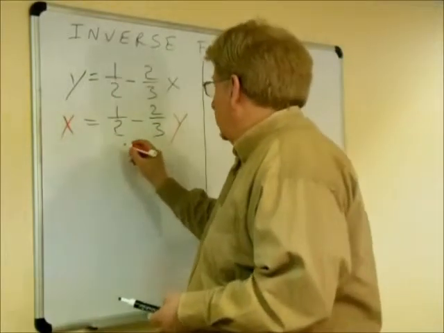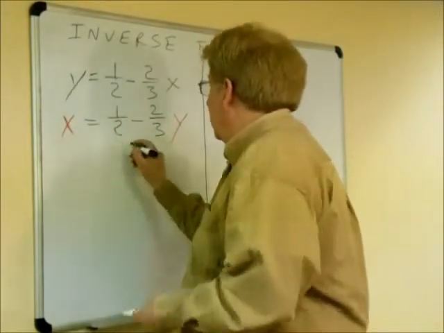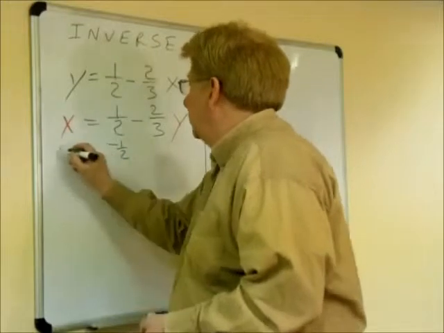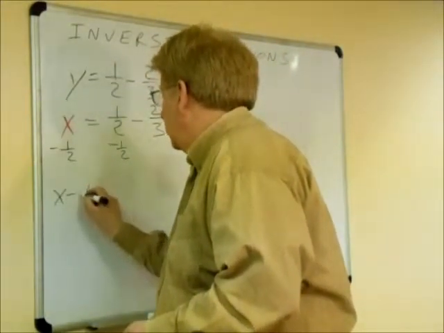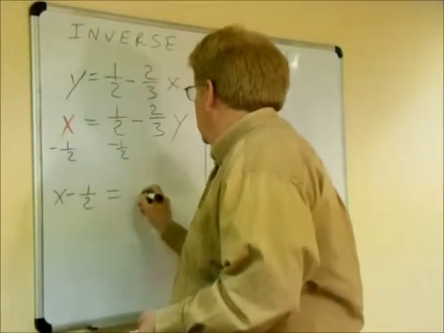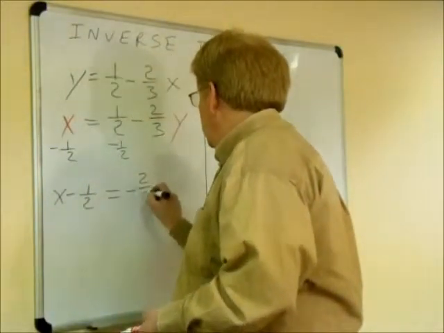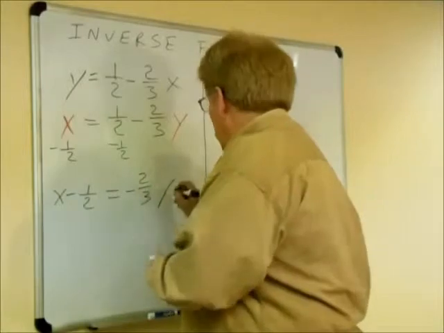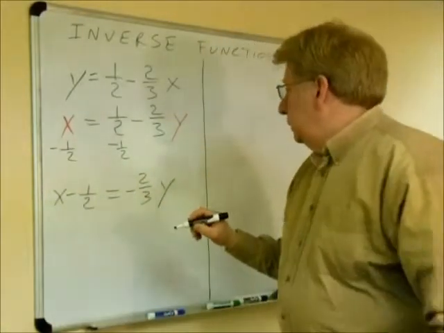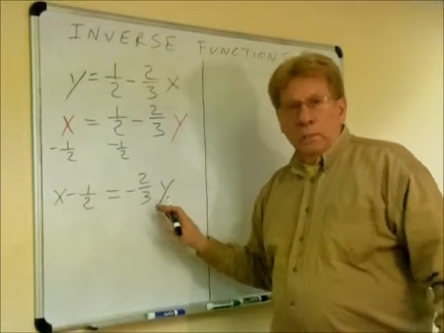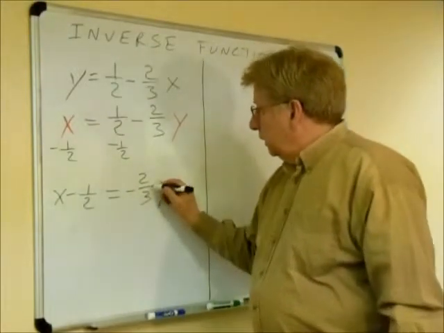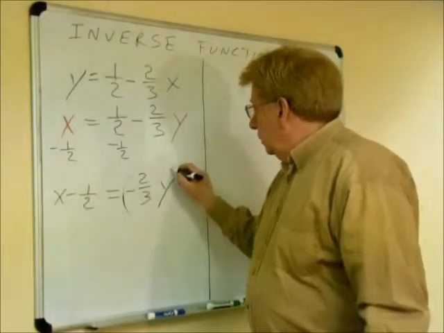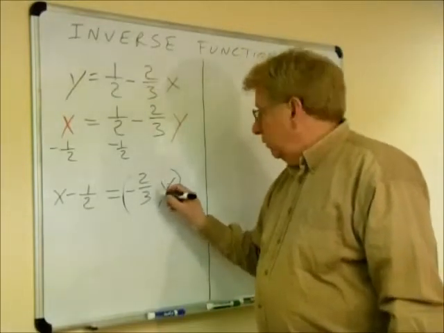To do that, the first thing I'll do is subtract 1/2 from both sides. So I have x minus 1/2 equals minus 2/3 y. Now we want y by itself, so I have to cancel this negative coefficient.